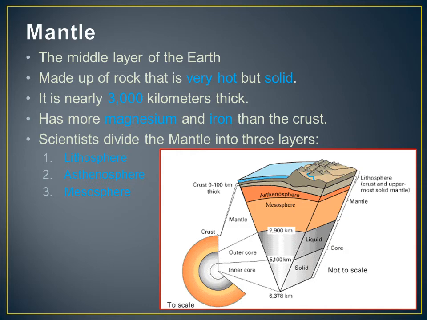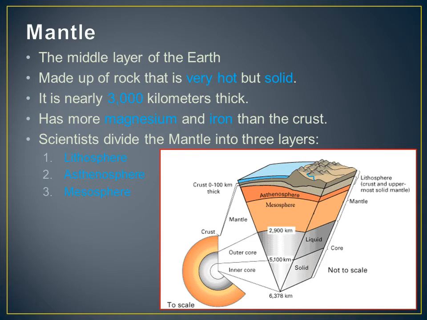Next, as we go deeper in the Earth, we get to the mantle. The mantle is the middle layer of the Earth. It is made up of rock that is very hot, but solid. It has not become molten.